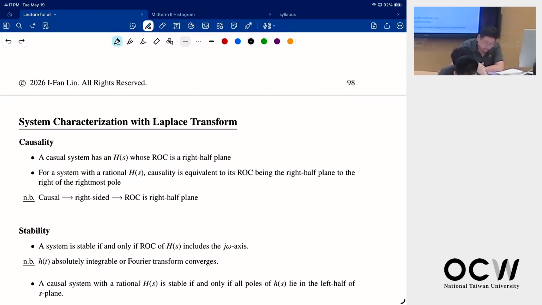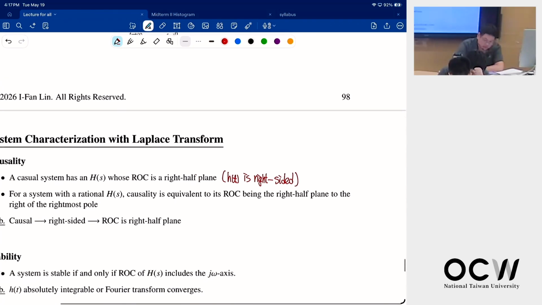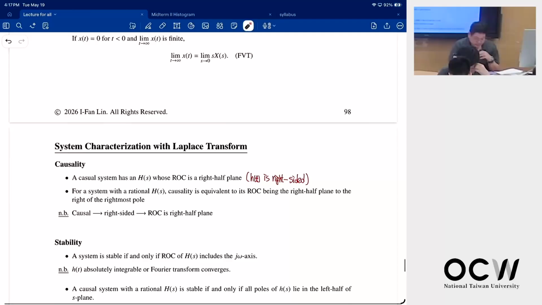This means that the h is right-sided. So if I have a system with a rational H, the transfer function, causality means the region of convergence is the right half plane to the right of the rightmost pole.